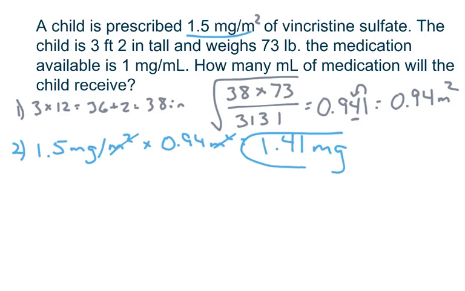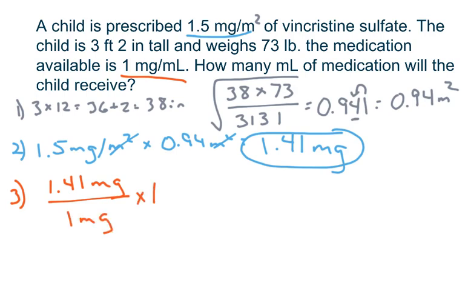This is now what is ordered for your patient, for you to be able to complete the next step of the dosage problem. You'll use what's ordered for him and the medication that you have available. What's ordered is 1.41 milligrams over what you have on hand, 1 milligram per 1 ml.